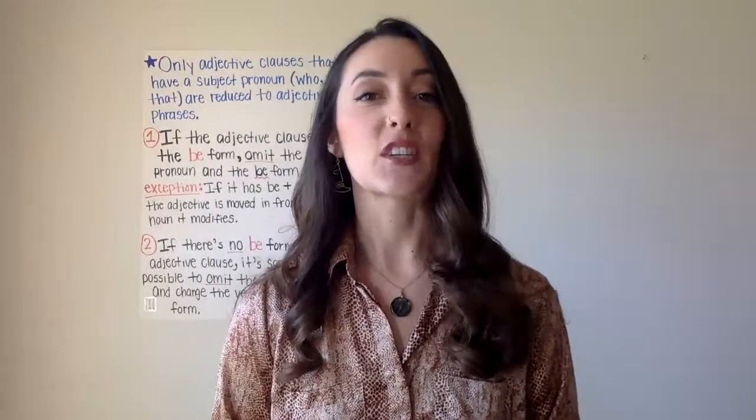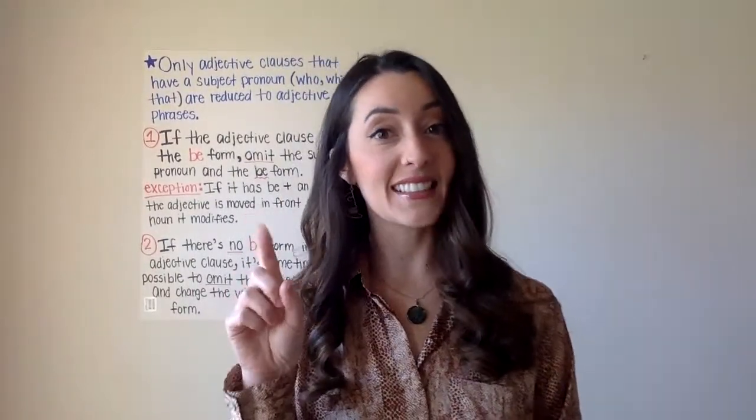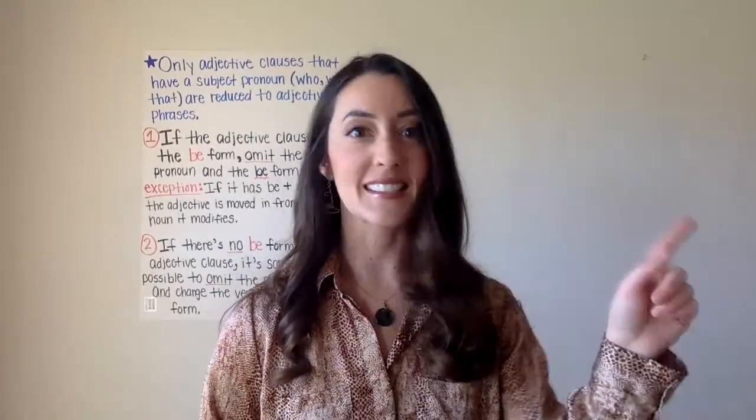A phrase is a group of related words that does not have a subject and a verb. Okay, so one more time. A clause is a group of words that does have a subject and a verb. A phrase is a group of related words that does not have a subject and a verb.